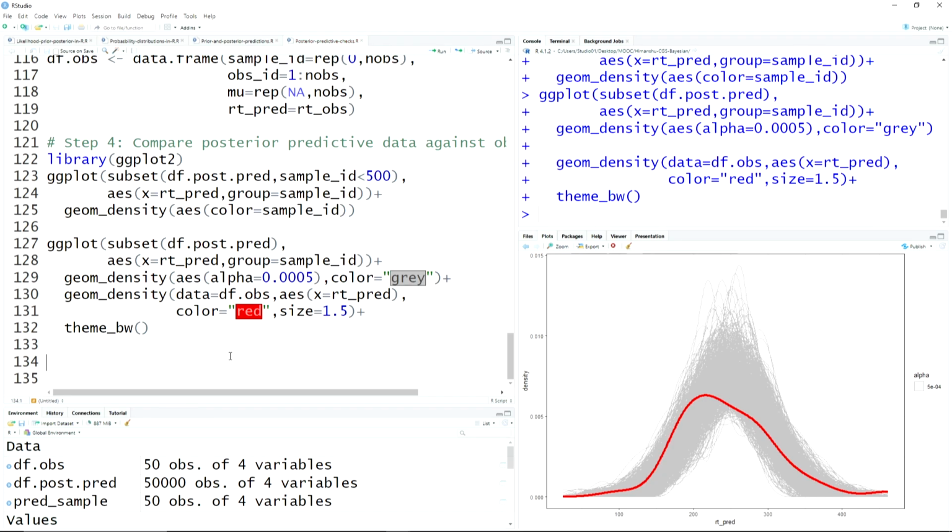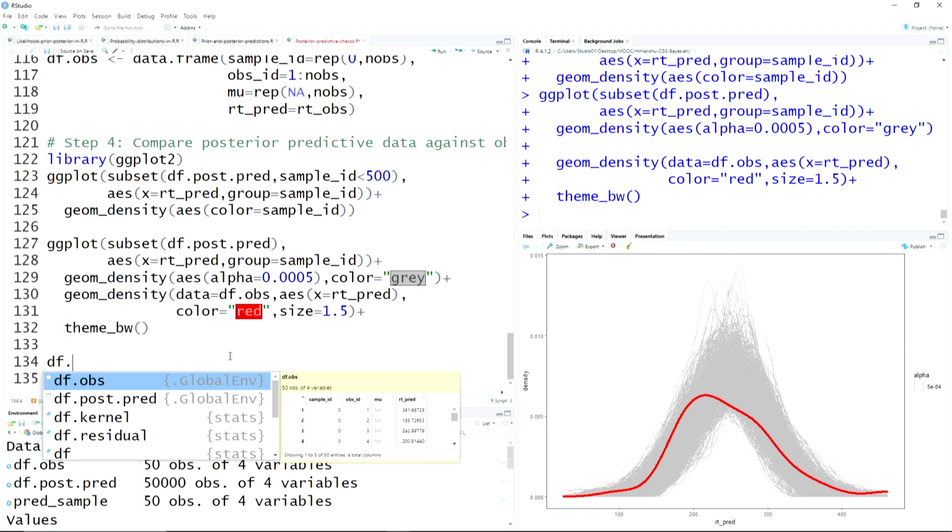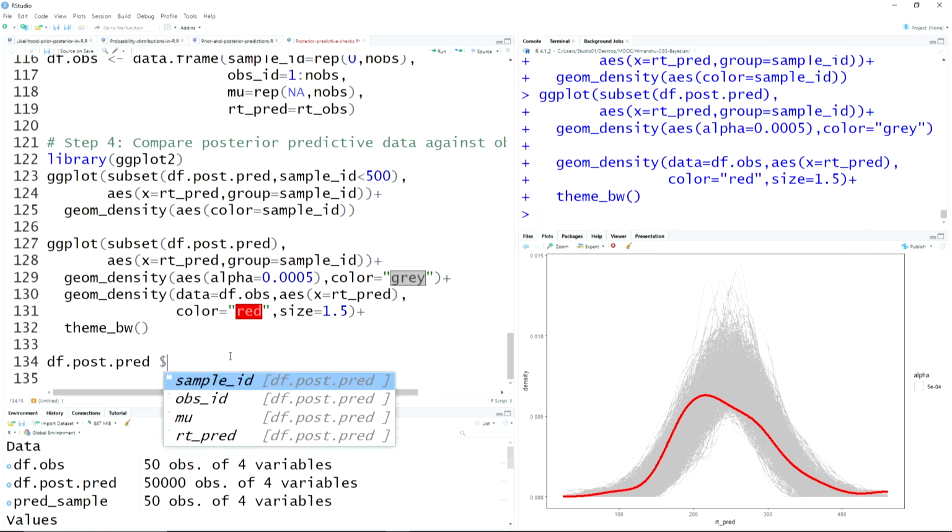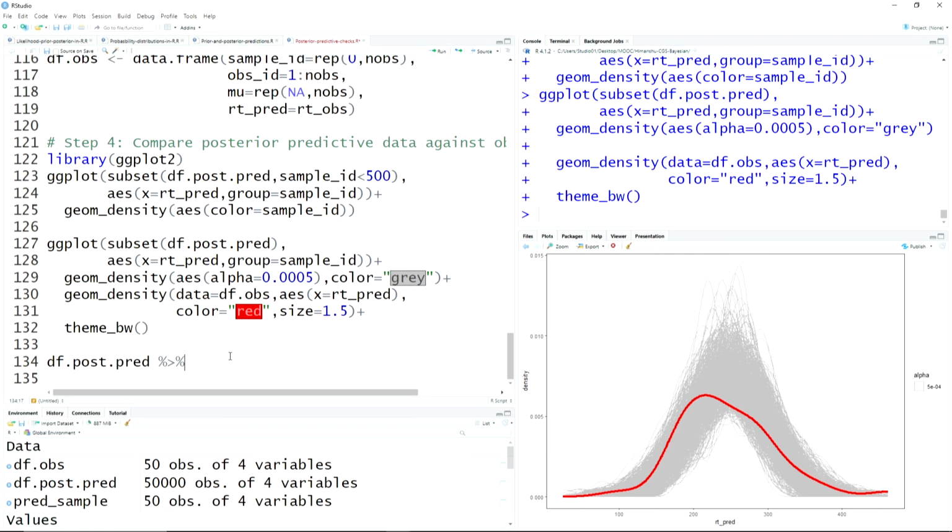So, there is one more thing that you can do, which is that you can compare summary statistics of posterior predictive sample and summary statistic of observed data, right? How? So, let us say this was your posterior predictive data. Now, you group it by sample ID, and you summarize certain summary statistics.